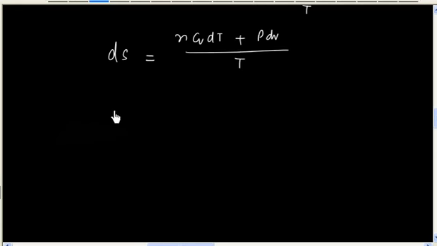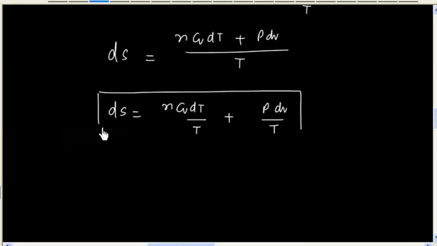So we can separate: dS is equal to nCv dT by T plus P dV by T. This is the general expression for a small change in entropy.